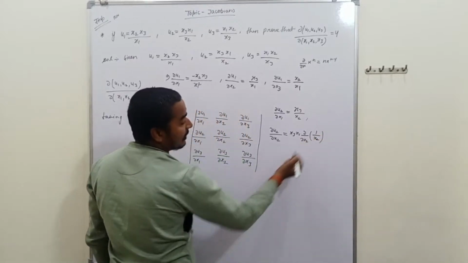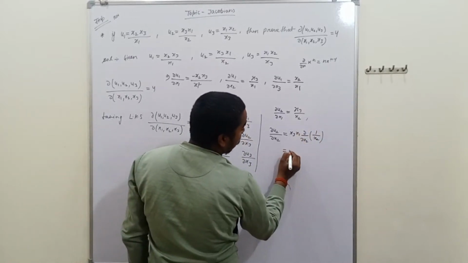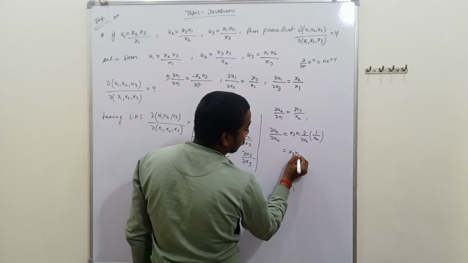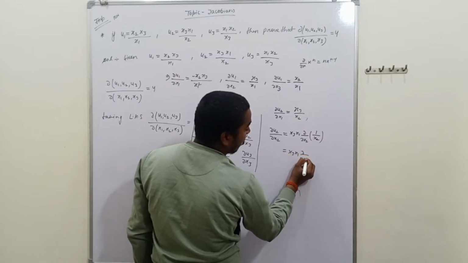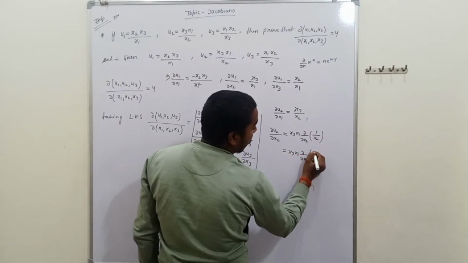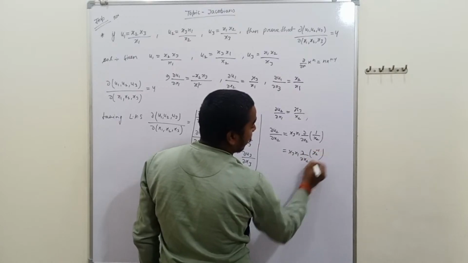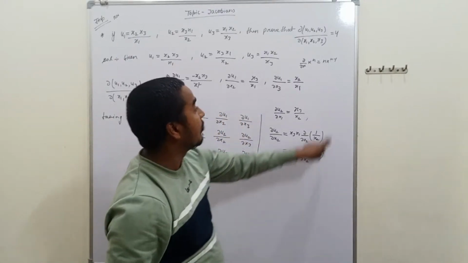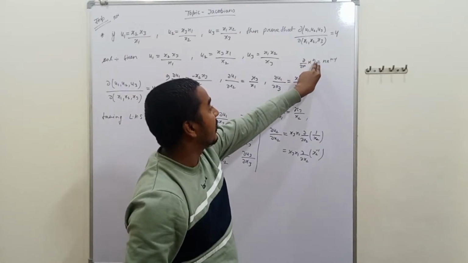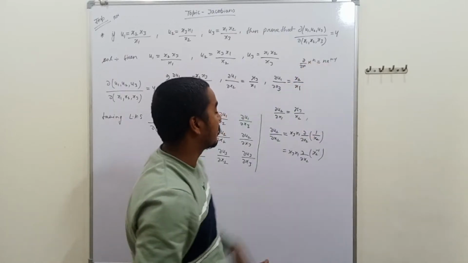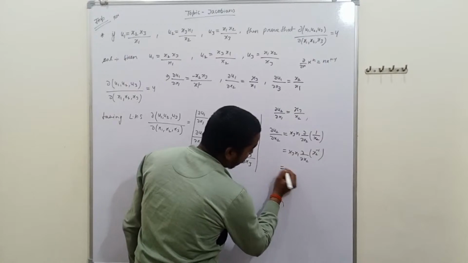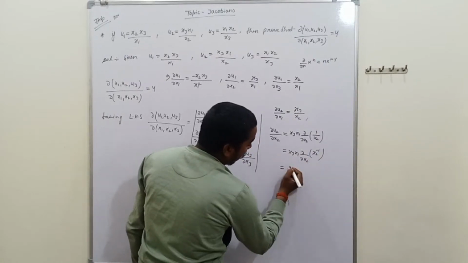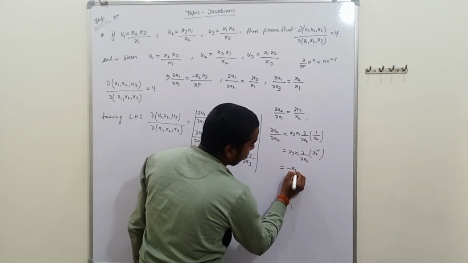We take x3 into x1 in the numerator, and del by del x2 of x2 power minus 1, again using the formula del by del x of x power n is n x power n minus 1, we can also write minus taken outside, that is x3.